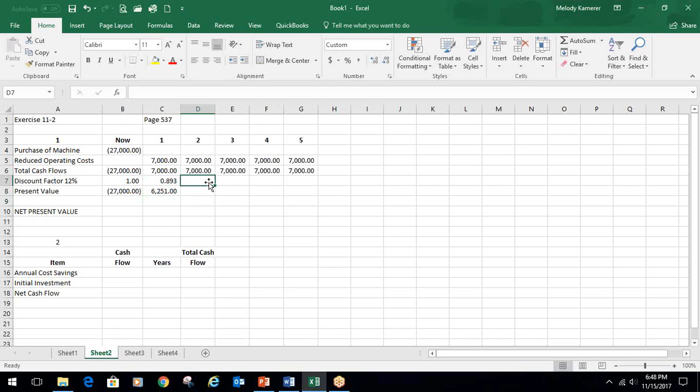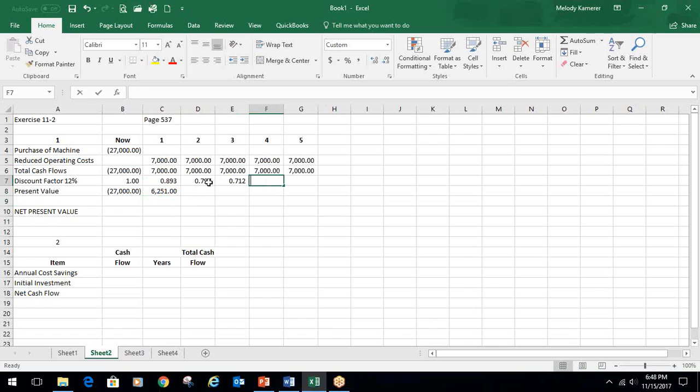So our discount rate for year 2 is 0.797. The next year is 0.712.